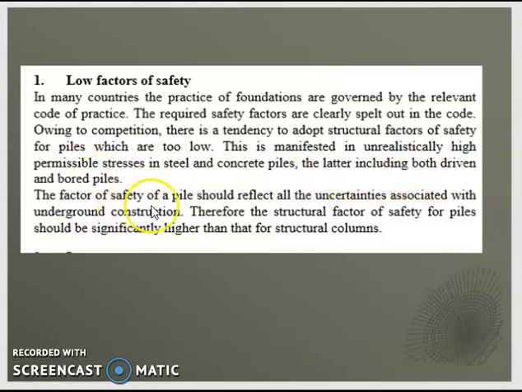The factor of safety of a pile should reflect all the uncertainties associated with the underground construction, right? Also, the structural factor of safety for piles should be significantly higher than that for a structural column. The problem is that, from an owner's point of view, a lower factor of safety will mean that they don't need to spend so much money to put in the stronger foundation. And they are not responsible if the foundation fails. It is the designer and the builders that are responsible if the foundation fails.